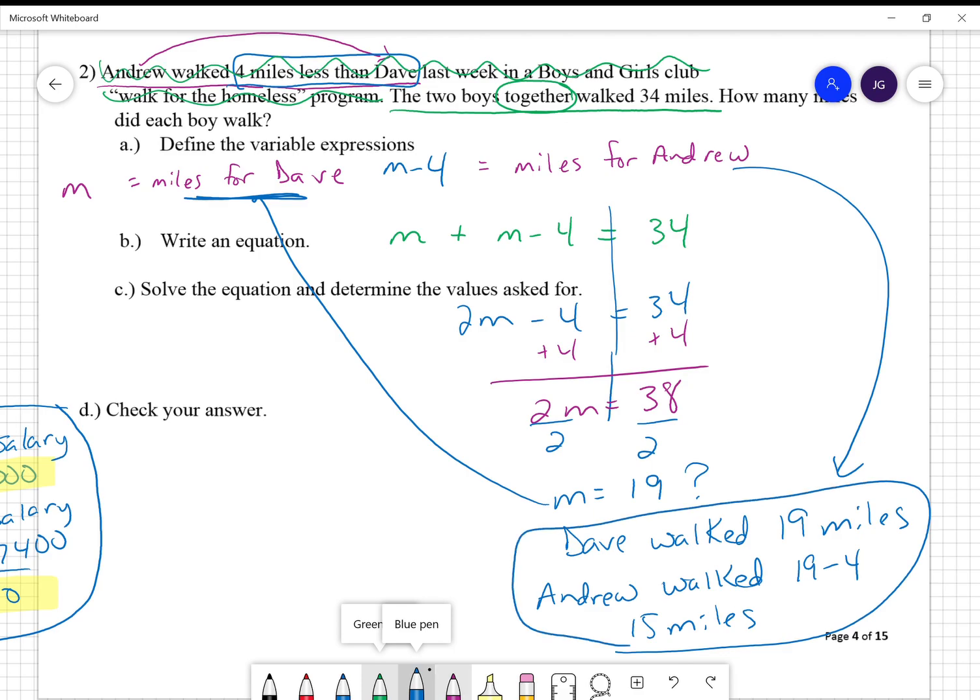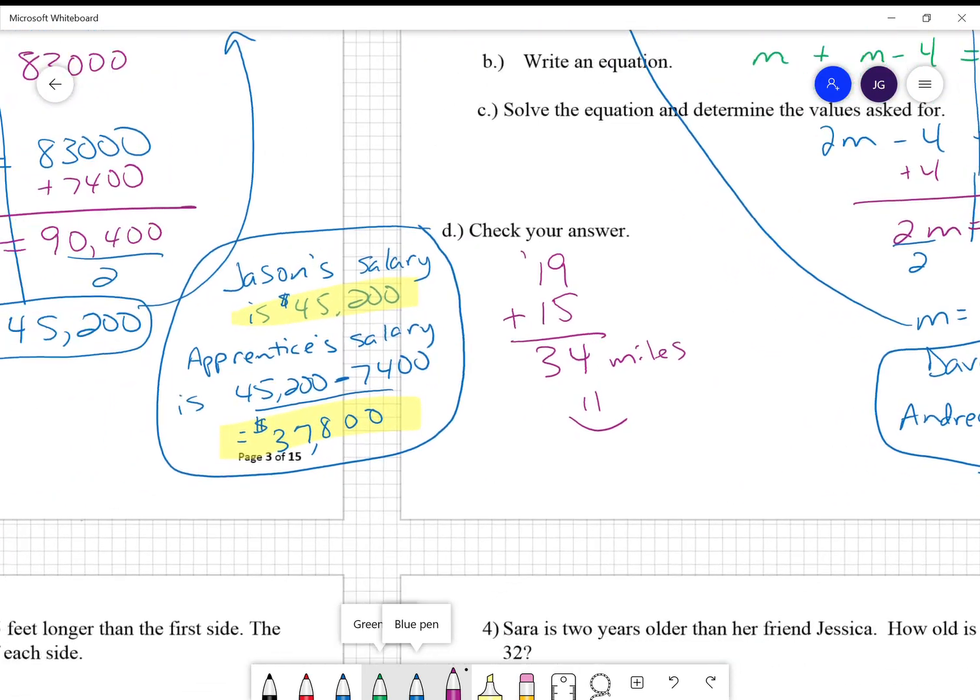If I want to check my answer, I take Dave is 19, I take Andrew is 15. If I add them together, I should get 34. Okay, we're going to keep going.